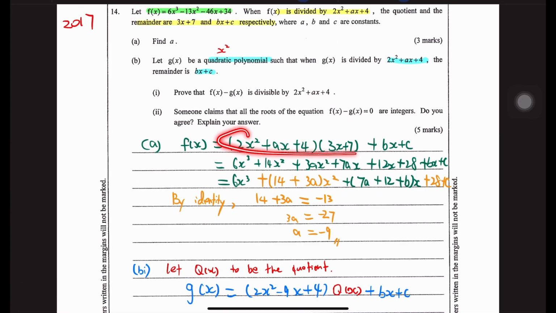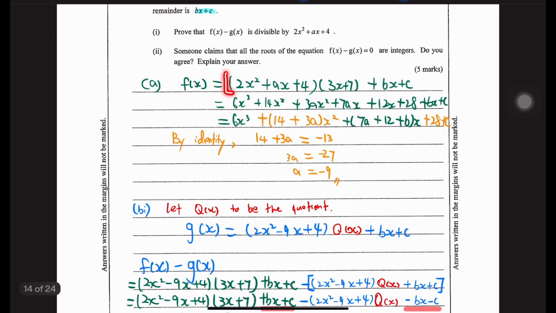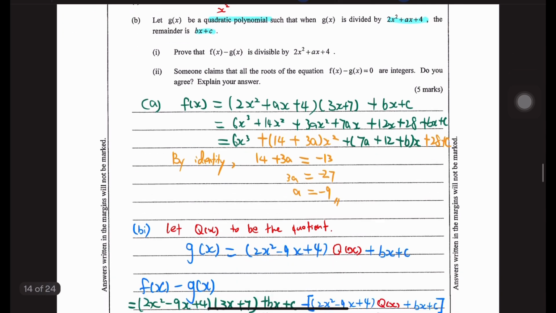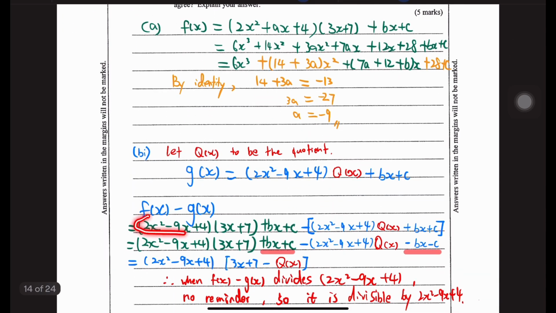Because you can see it asks in B1, is it divisible by 2x squared plus ax plus 4? A is negative 9, right? So you can see this one appears in the division algorithm of f(x), right? So of course we need to use it in this format. Okay, so first f(x) here and then g(x) here.